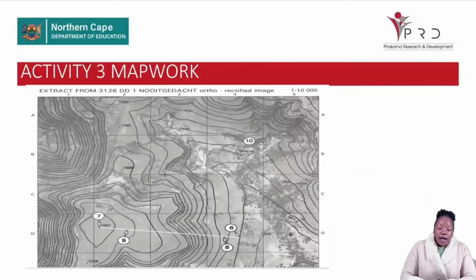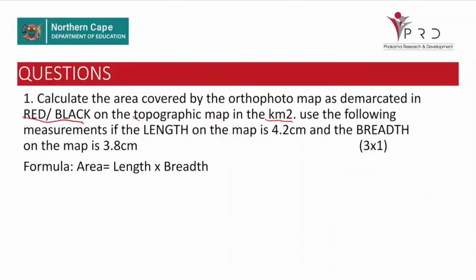Our first question says, calculate the area covered by the orthophoto map as demarcated in red or black on the topographic map, in kilometer squared, using the following measurements.